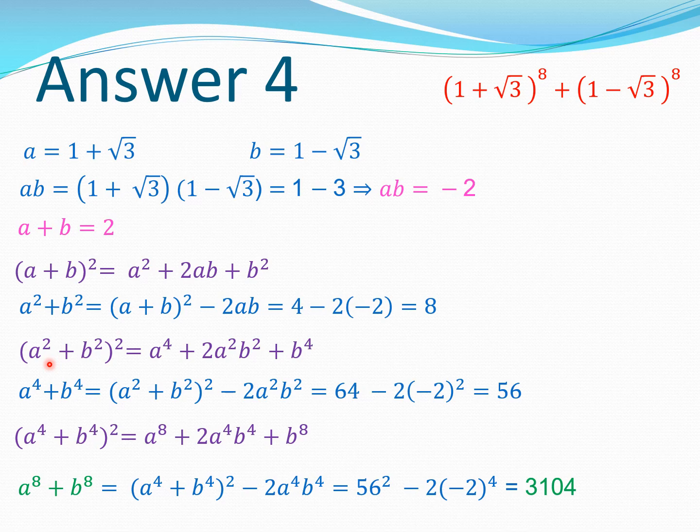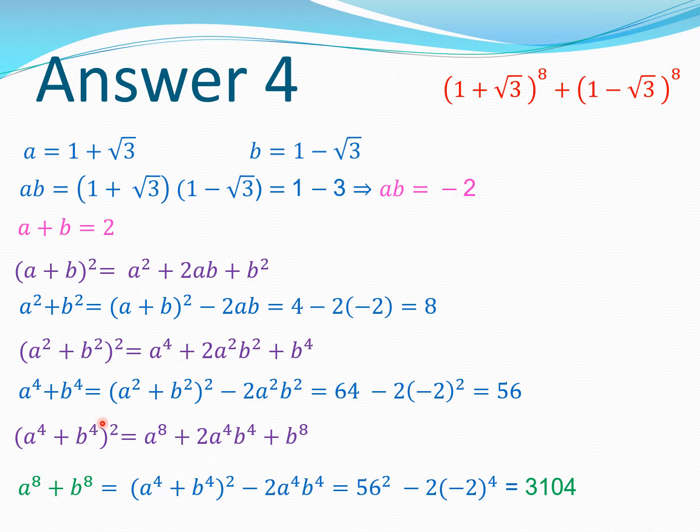Now the next thing I do is I go to a square plus b square and I square it, and that's going to give me a^4 plus 2a square b square plus b^4. So again I have applied this formula here, and I have simply thought of the a as a square and the b as b square. So this is the well-known algebraic formula.